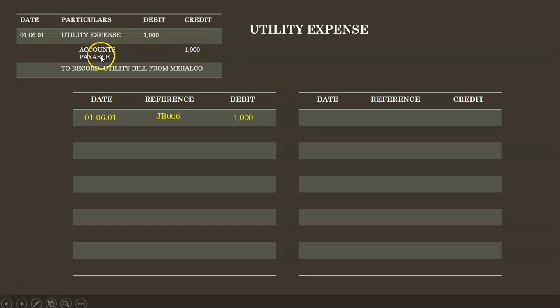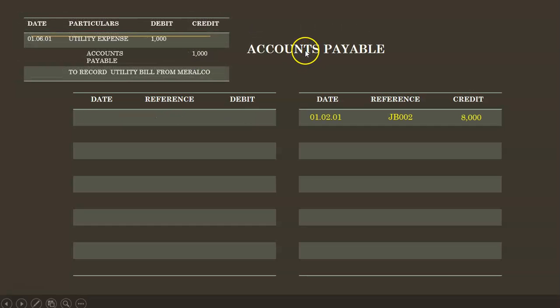Let us now post our accounts payable. So, accounts payable, we already have the 8,000 from earlier. Let us add this 1,000. So, I crossed it out already. Okay? So, we are done with this.